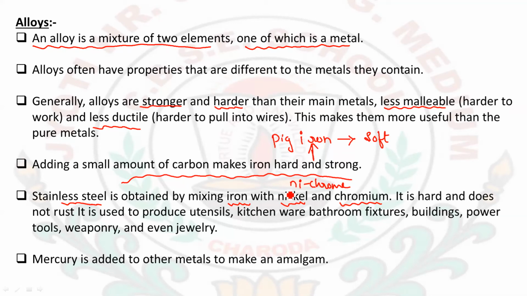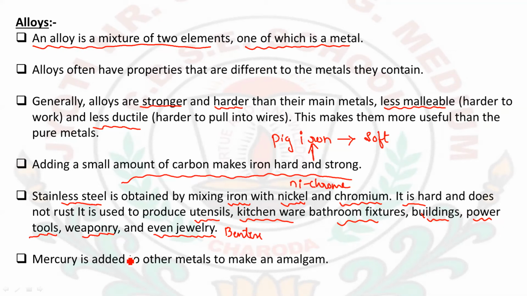It is hard and does not rust easily. It is used to produce utensils, kitchenware, bathroom fixtures, building materials, power tools, weapons, and even some jewelry.